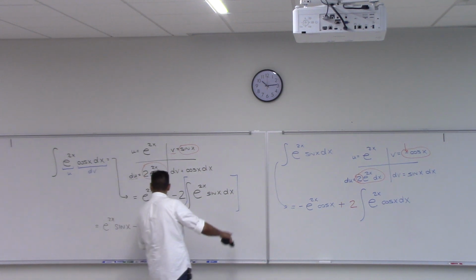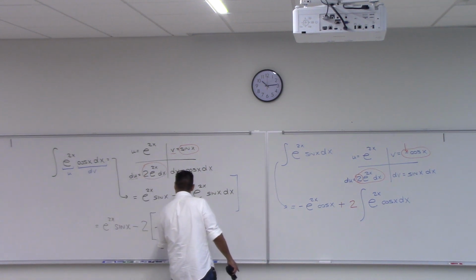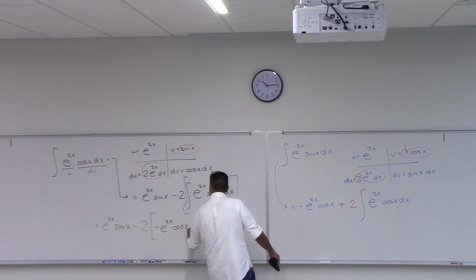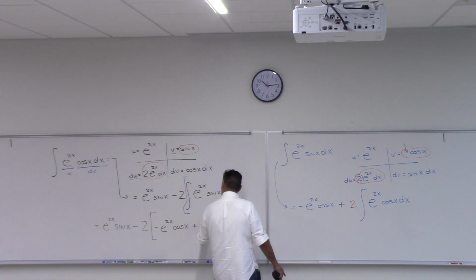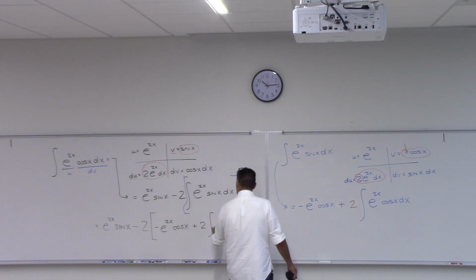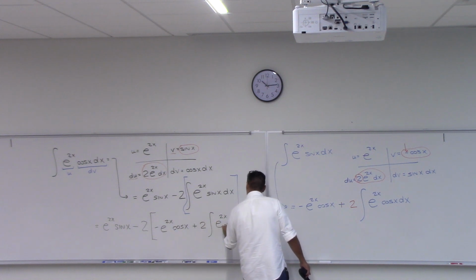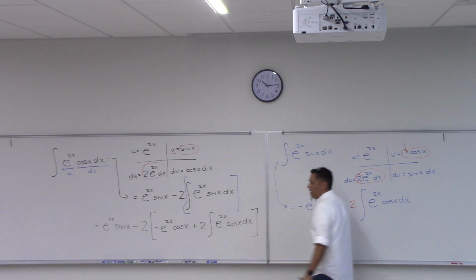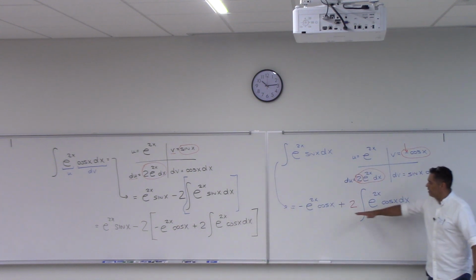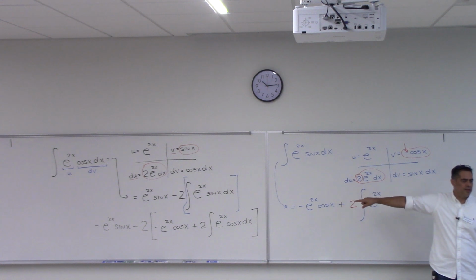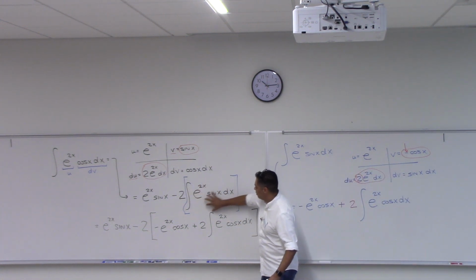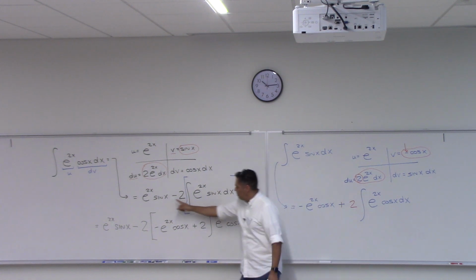Now I have minus e to the 2x cosine x, plus 2 integrals of e to the 2x cosine x dx, and then close the bracket. Y'all agree with that? That's just me plugging this blue piece in to what I just did over there. All of this just got replaced with that, so I still have the minus 2 in front of it all.